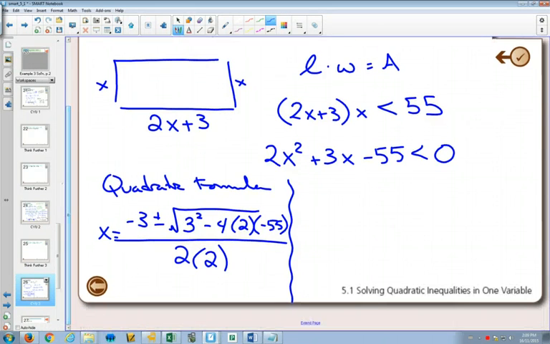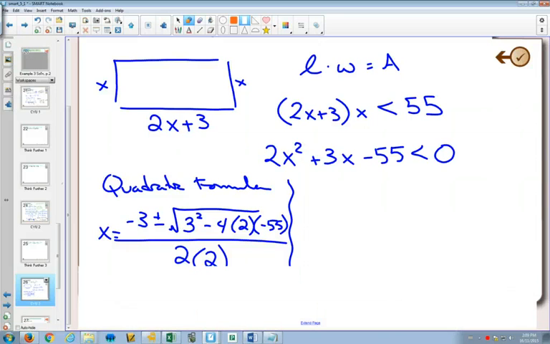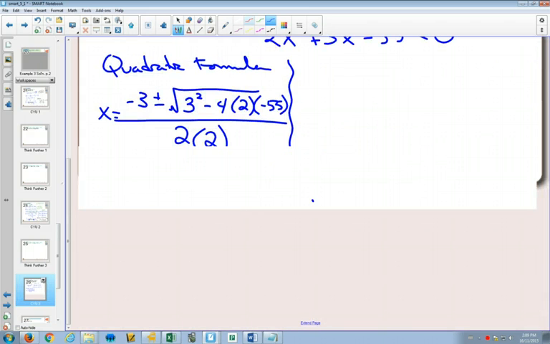And if we simplify this, we get negative 3 plus or minus the square root of 449, over 4.